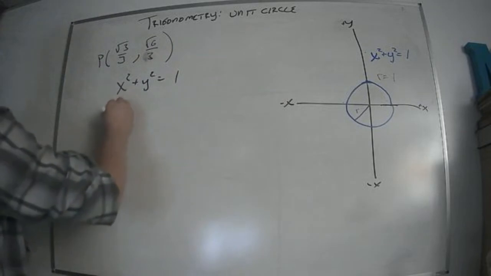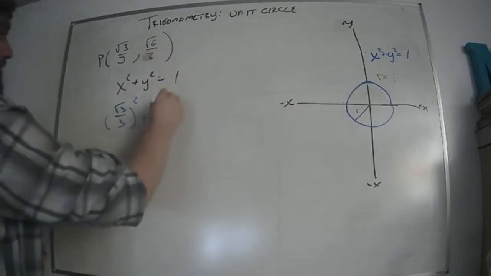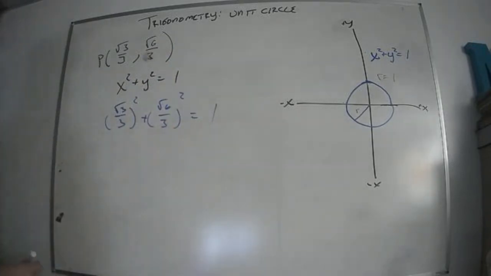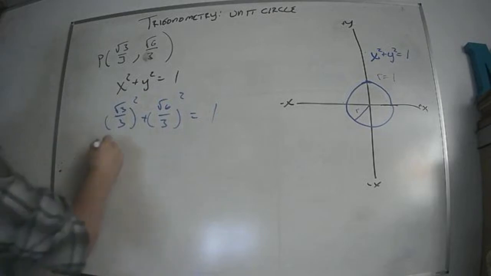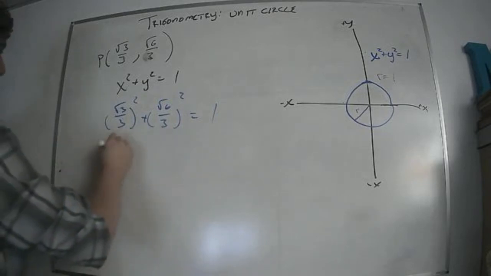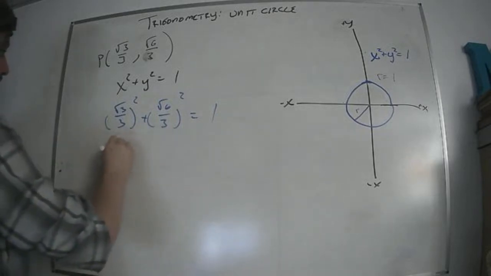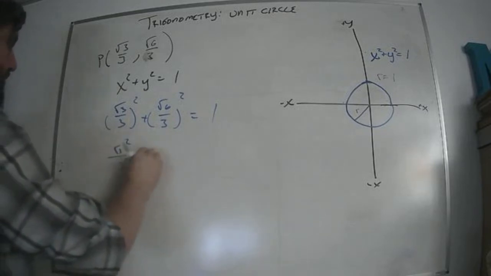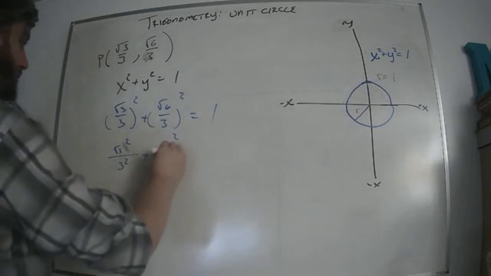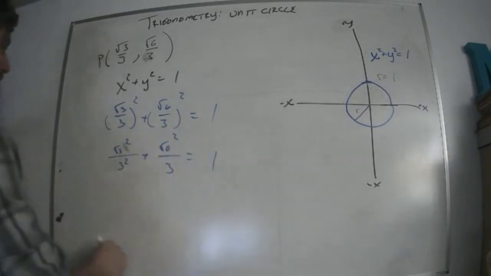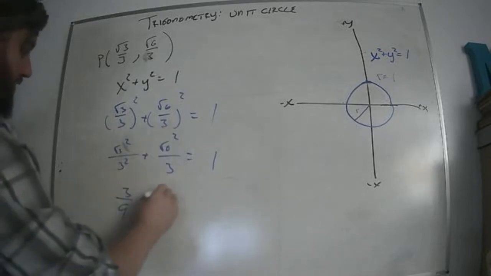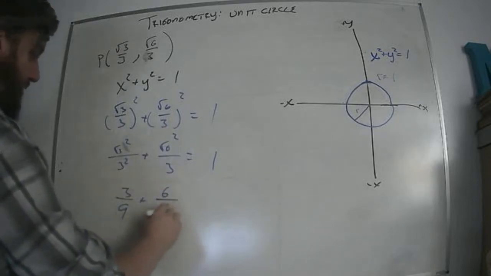So x is the square root of 3 over 3, squared, plus the square root of 6 over 3, squared. Does this equal 1? Well, just go through it step by step. It's the square root of 3 squared over 3 squared, which equals 3 over 9, plus the square root of 6 squared, which is 6, over 3 squared again, which is 9.